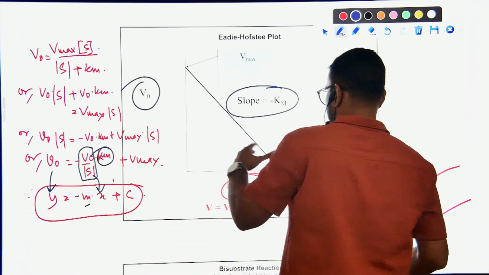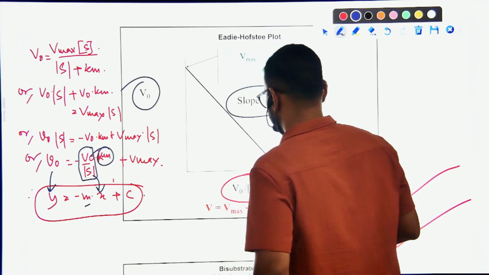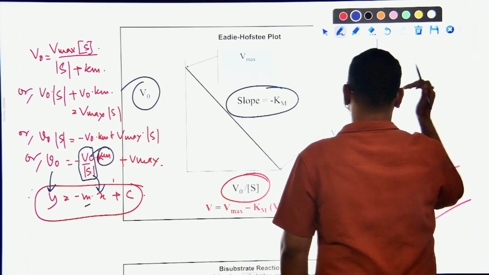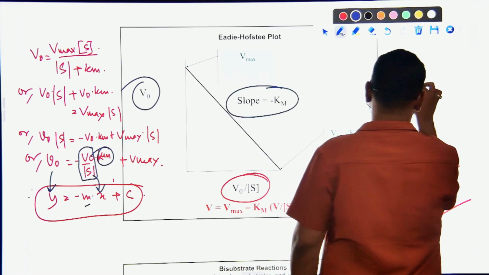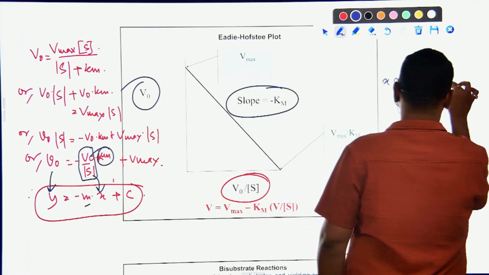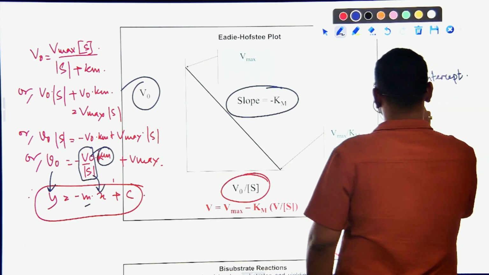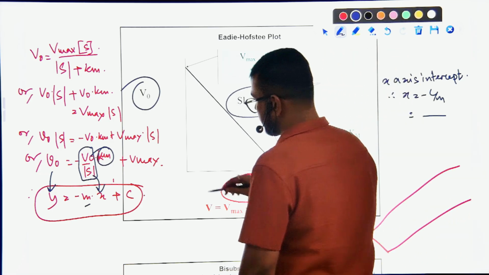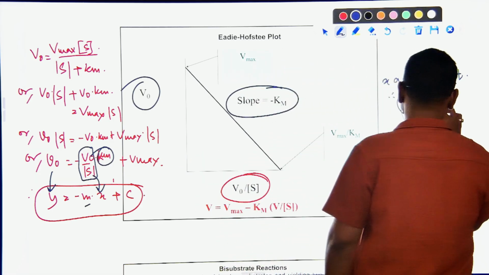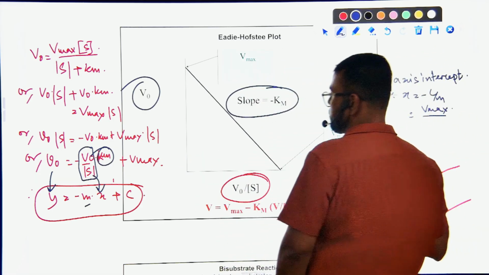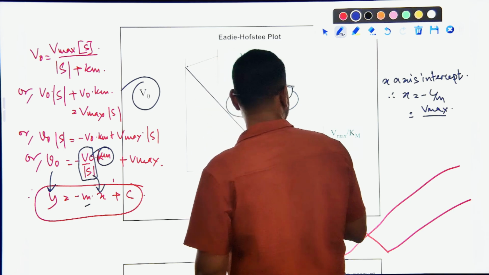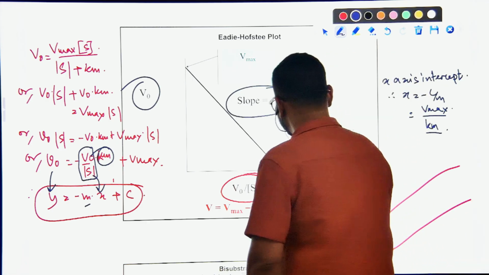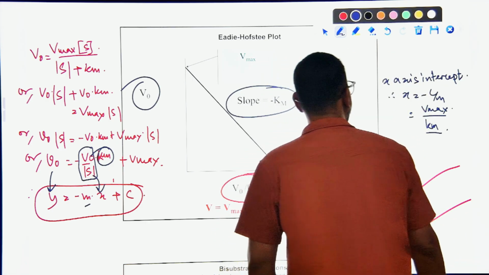So from this, we can easily calculate our typical intercepts. So our x-axis intercept, that means y equals 0. Therefore, x equals minus C by M. Where C is our Vmax, and M is our Km. So our x-axis intercept is Vmax by Km.